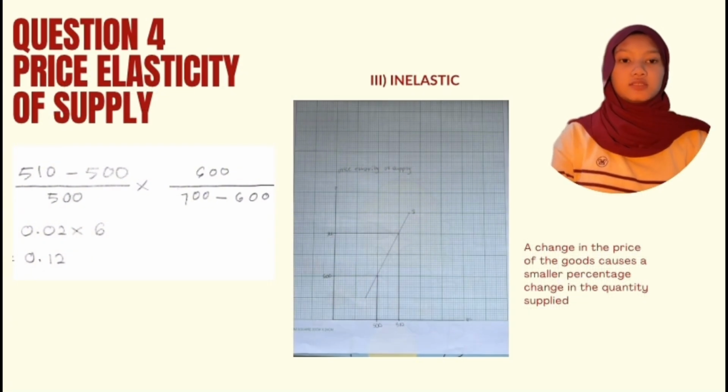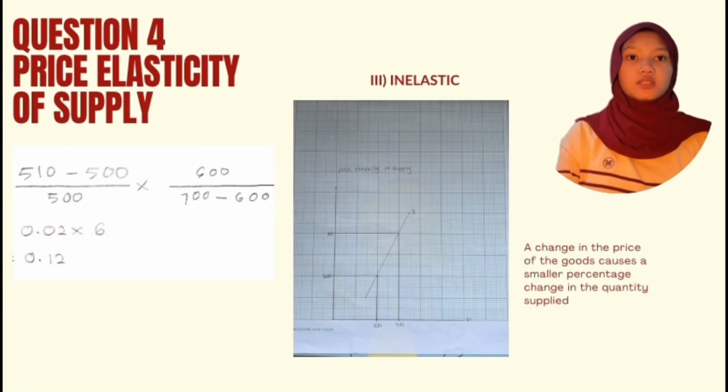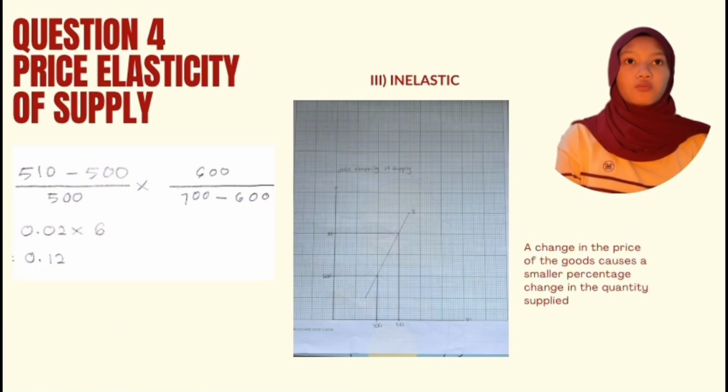Lastly, let's discuss question number 3. Here, the price rises from 600 to 700, but the quantity supplied changes only slightly from 500 to 510. When we calculate using the formula, we get an elasticity value of 0.12, which is less than 1. This tells us that the supply is inelastic, meaning producers are not very responsive to the price changes.